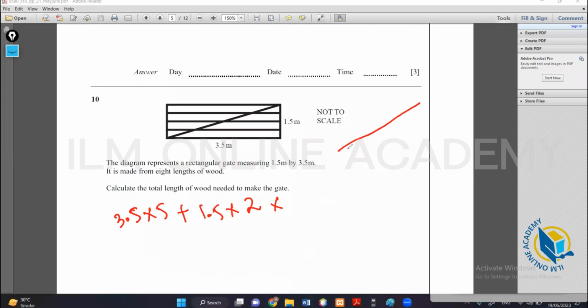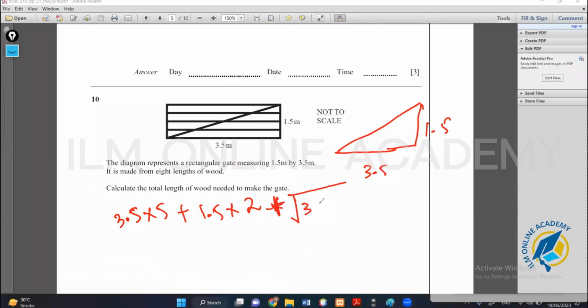If you remember the method by which we solve vectors, the magnitude of this would be, since it's 3.5 and 1.5, under root 3.5 squared plus 1.5 squared.